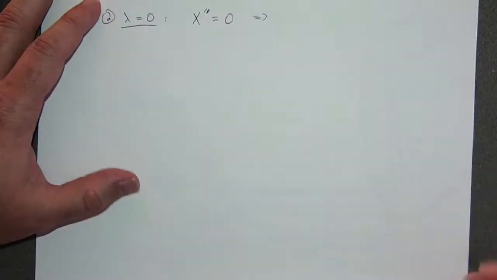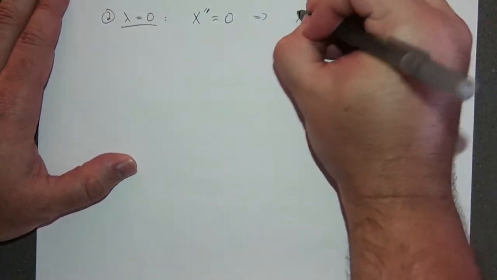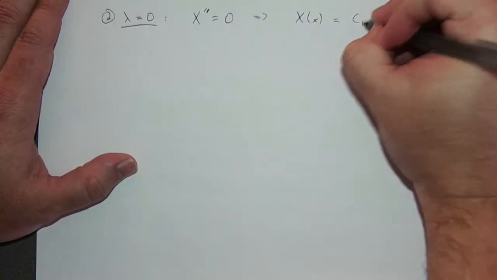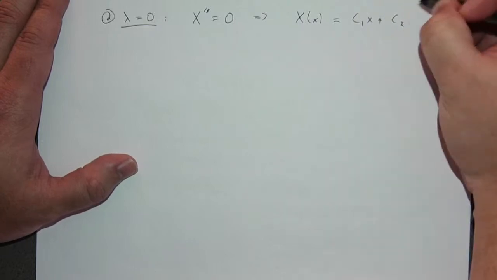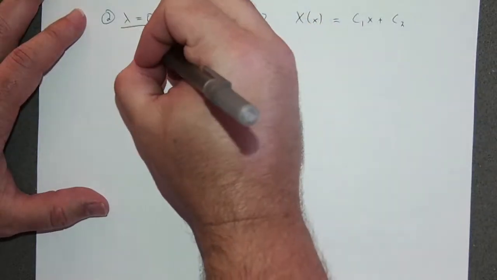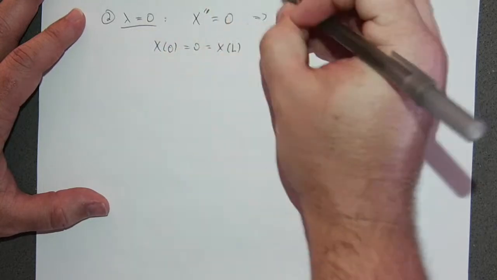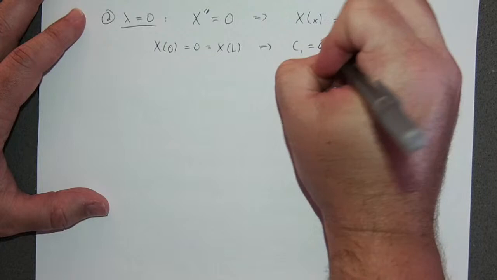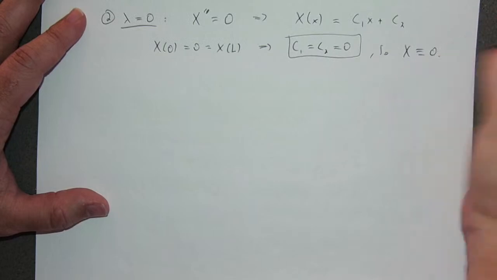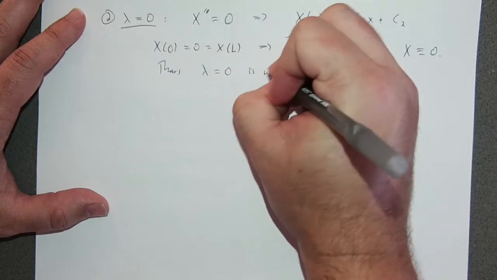But I can just integrate this twice, like an explicit ODE, to get that my x in this case would have to be c1 x plus c2, right? But then imposing the initial conditions, the condition that x of 0 equals 0, which is equal to x of L, implies that c1 and c2 are both 0. So x is trivial again. Thus, lambda equals 0 is not an eigenvalue.